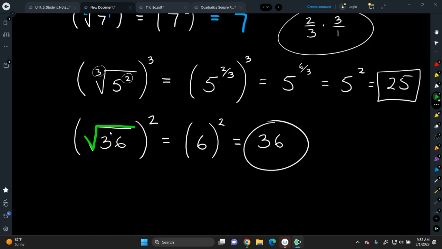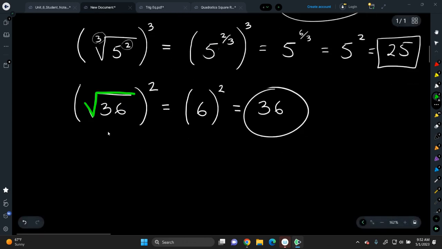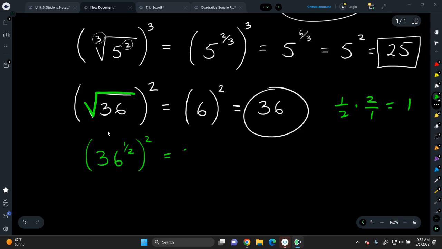So if I did it 36 to the half, good question. Notice how it would work the same, right? If we did 36 to the 1/2 and then squared it, then we know that 1/2 times 2 over 1 is 1. So we get 36 to the first, which is 36. Same thing.